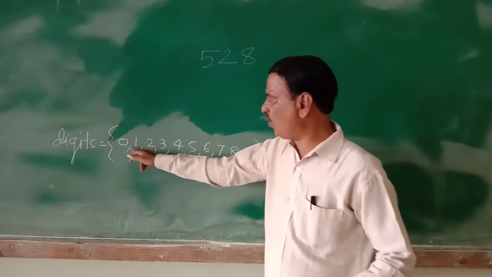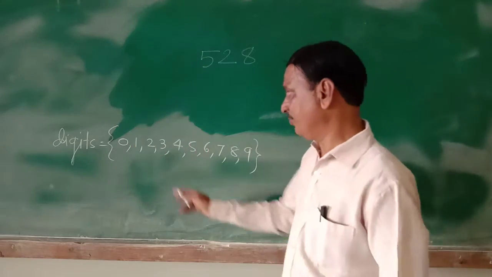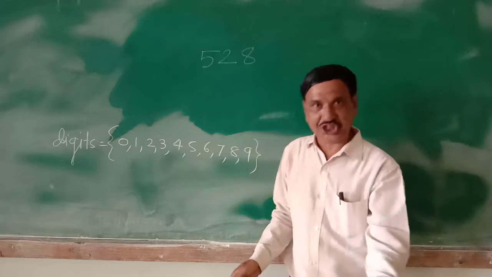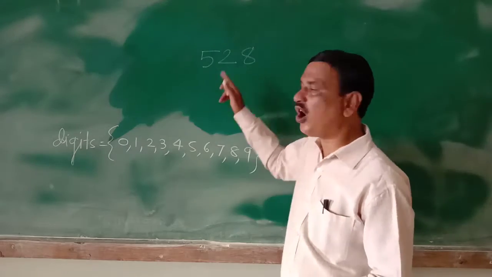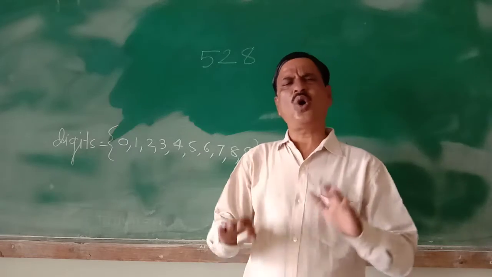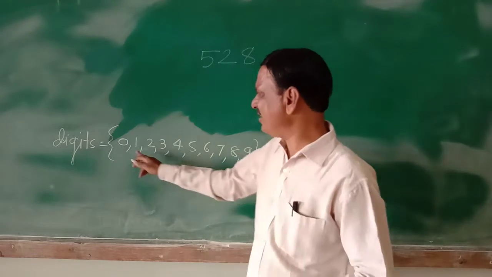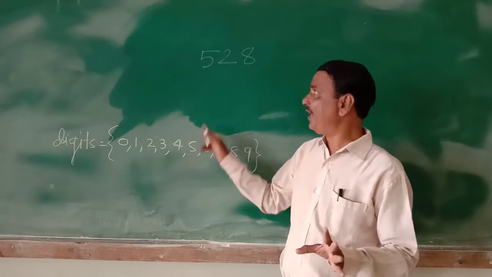So these are called decimal digits. And what is this called? Decimal number. So in short, a digit is a single digit, whereas a number is made up of a number of digits.